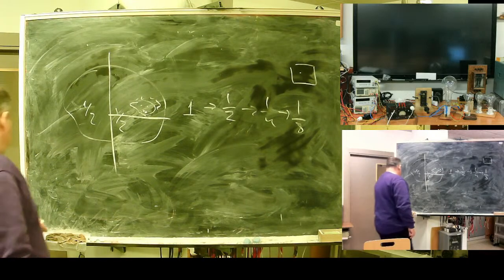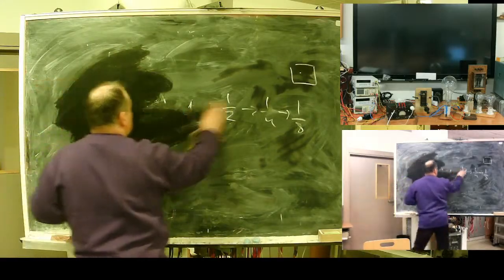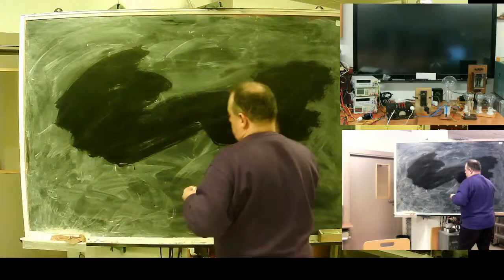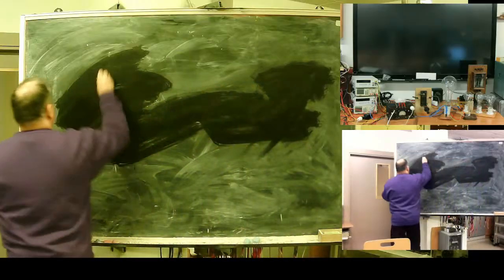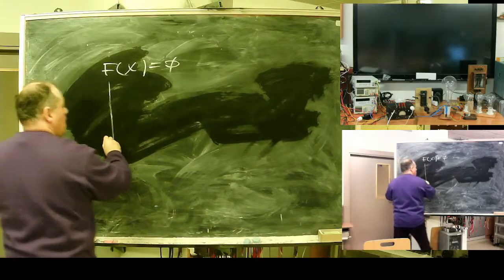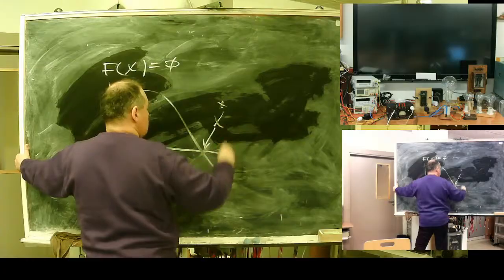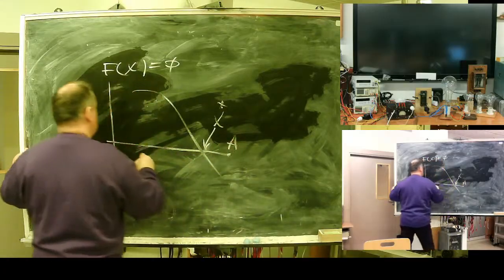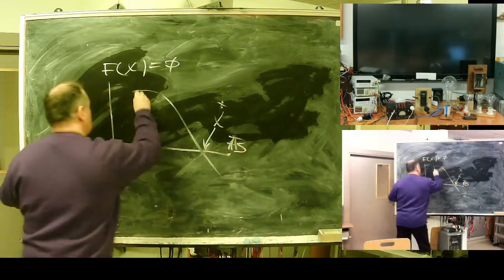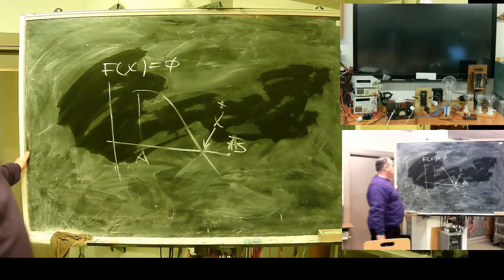Actually, the idea of the bisection solution: if you have the equation f(x) equals 0, and here is the true solution, between a and b, you have an isolated root.